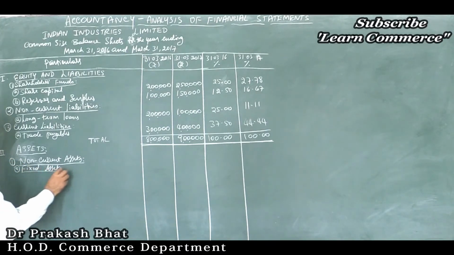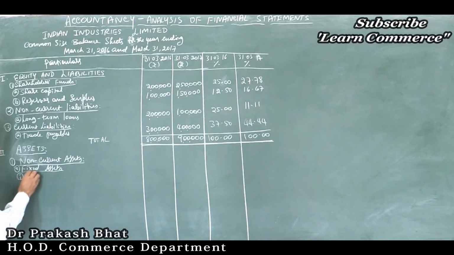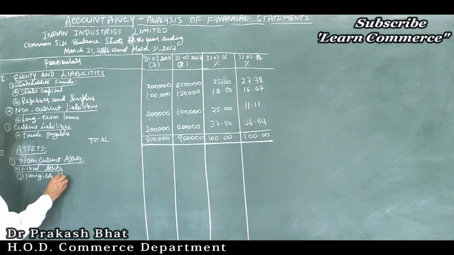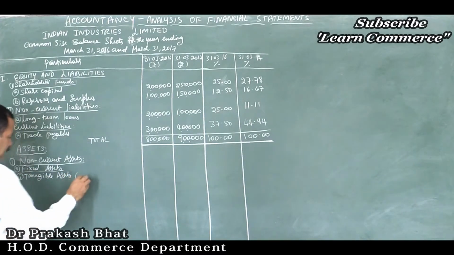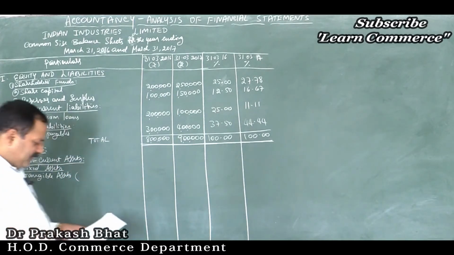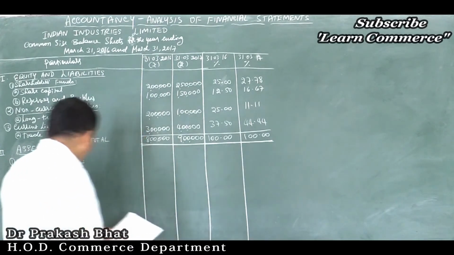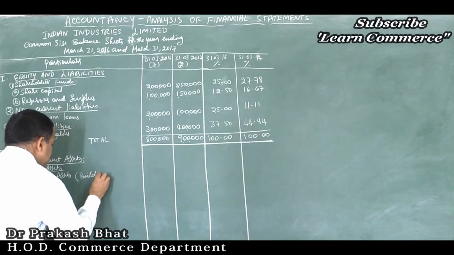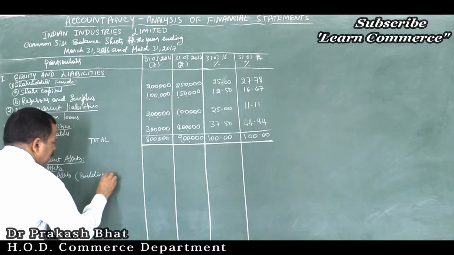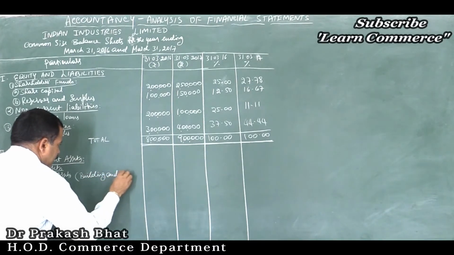Under fixed assets, there are two assets. First one, tangible assets. There are two assets right there, building and plant.